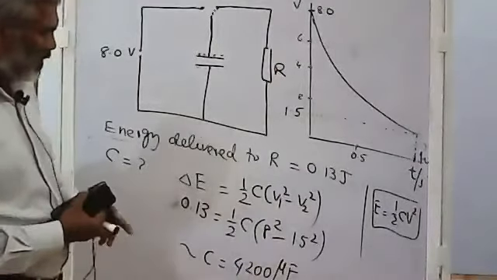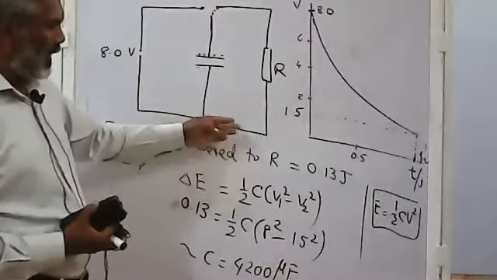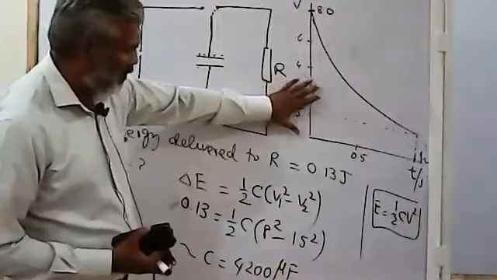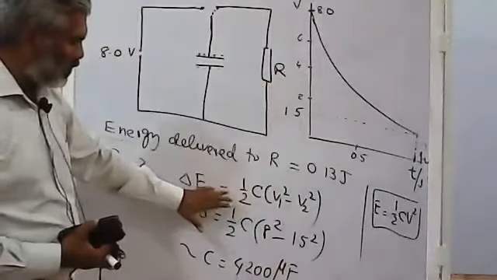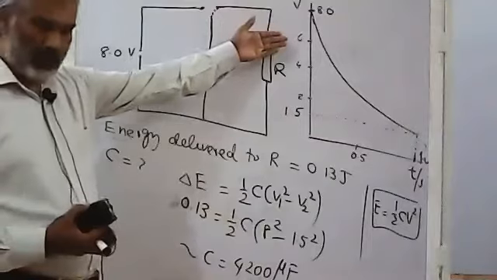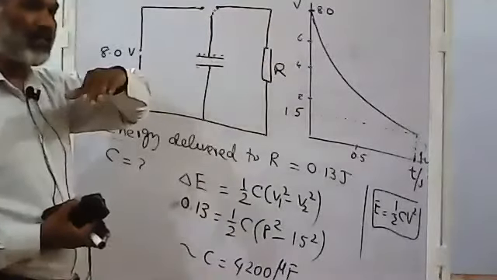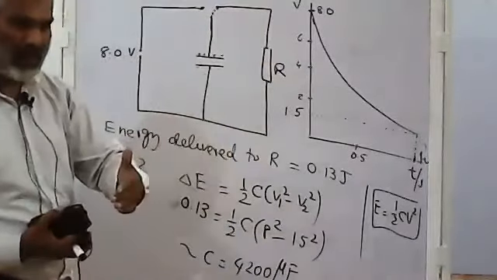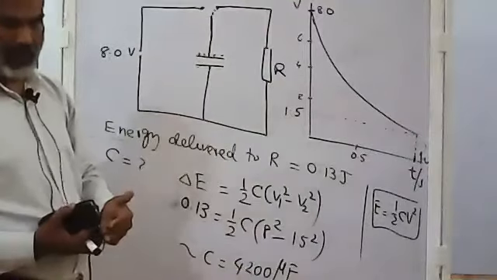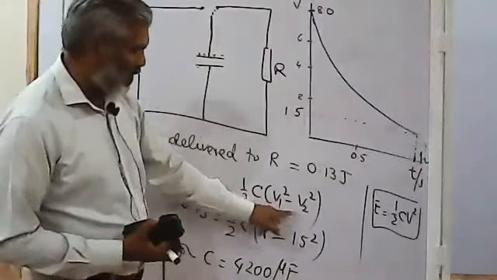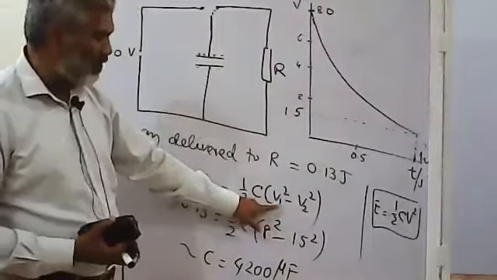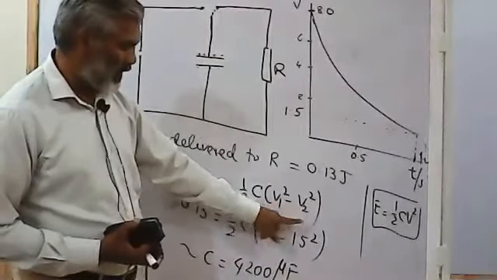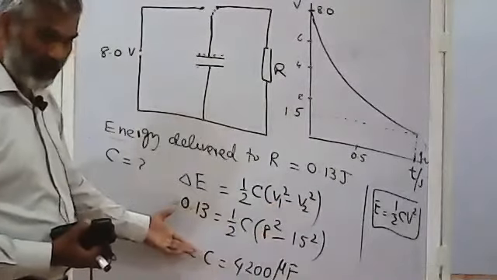So any quantity can be calculated. If, for example, they have not given you this graph, they have only told you that this is the initial voltage across this, it gets discharged through it, this is capacitance. What is the final voltage across this? If V1 is known and V2 is to be found, then again the same formula will be helpful.